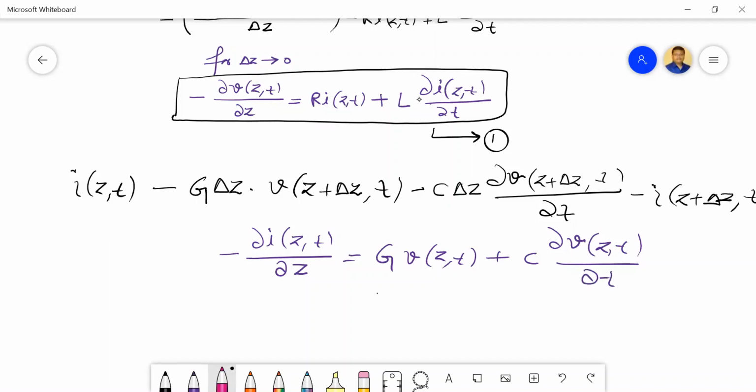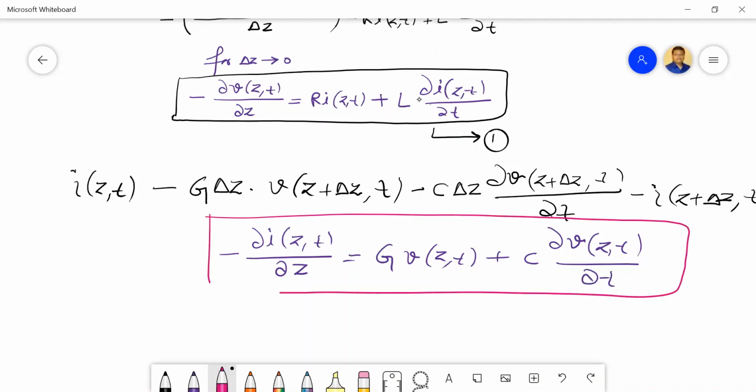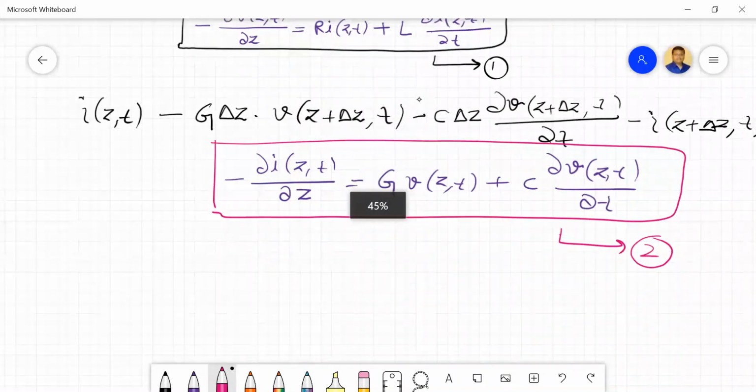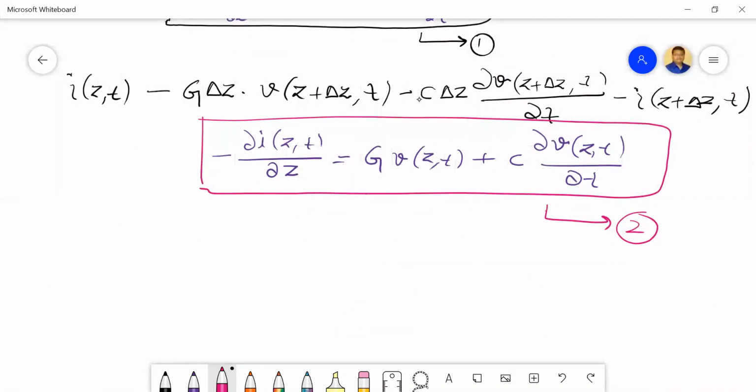So this is another equation, correct? Now right now we have two equations, one coming from KVL and one from KCL.